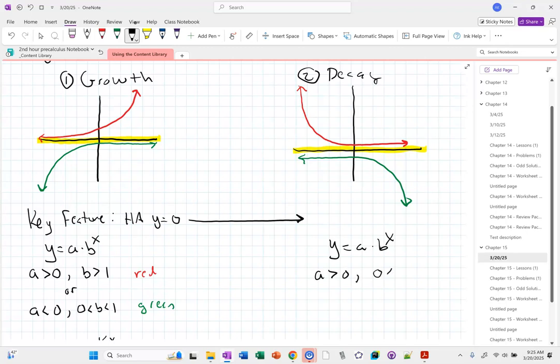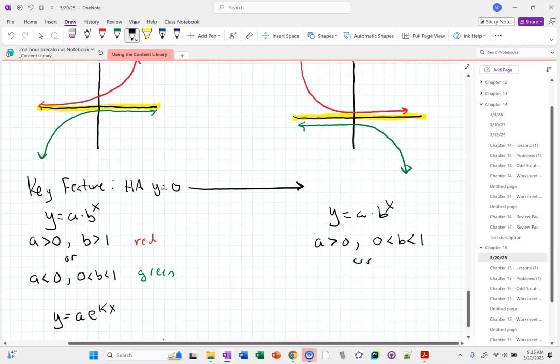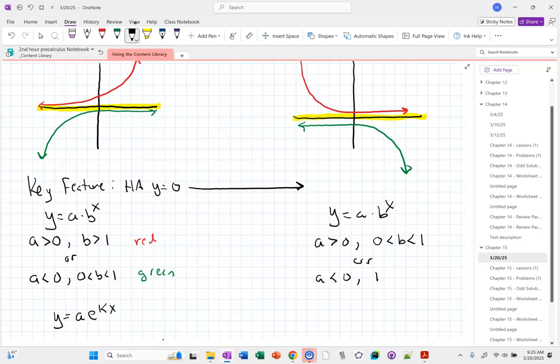If a is positive and b is between 0 and 1, that's like the red graph. If a is negative and b is greater than 1, that's like the green graph.